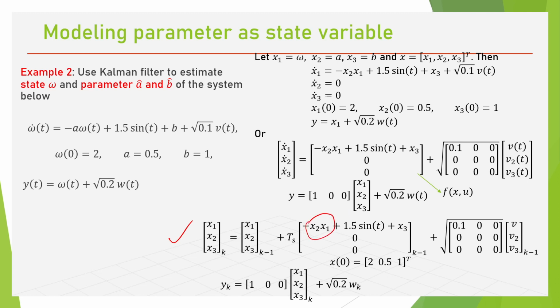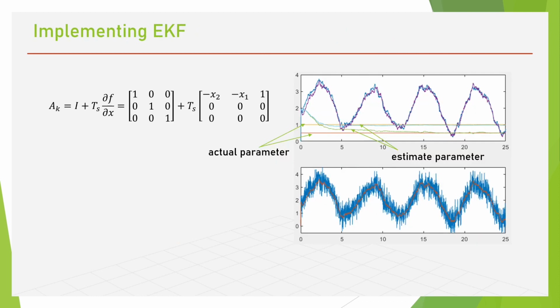Just because of this term it becomes nonlinear, and then we need to use linearization to find the matrix A, and then we can implement the Kalman filter, and then we can estimate state and parameters at the same time.